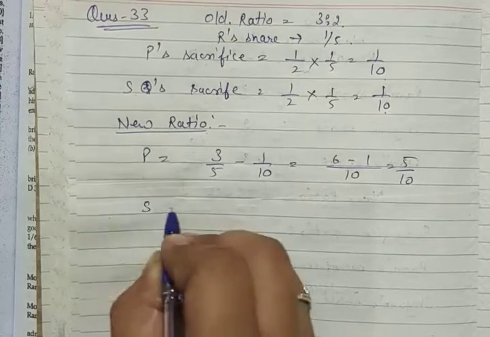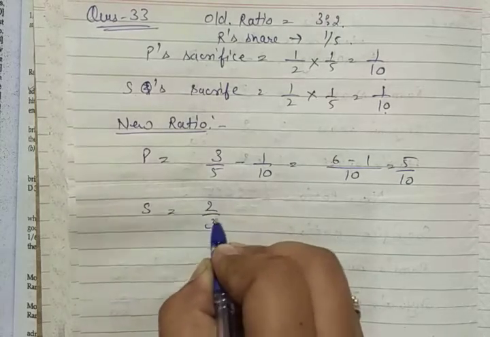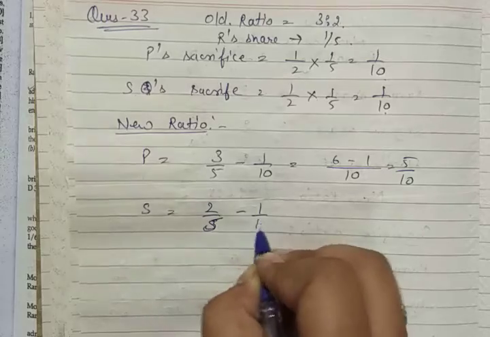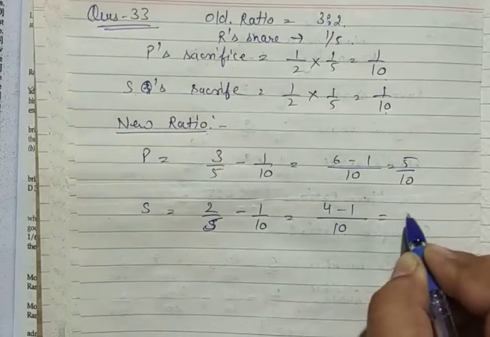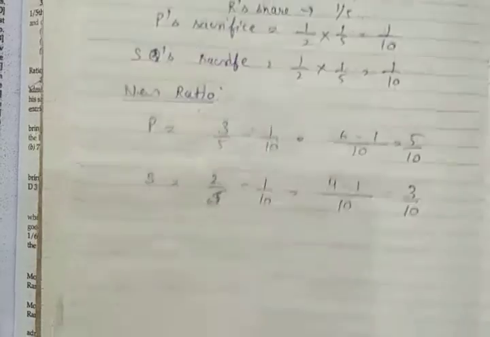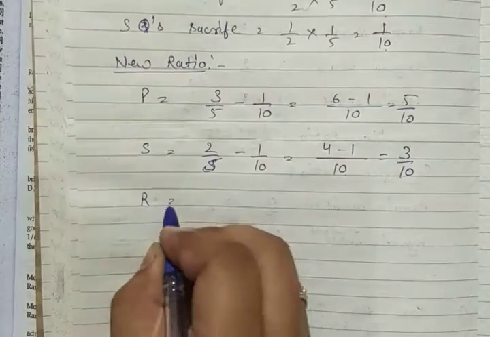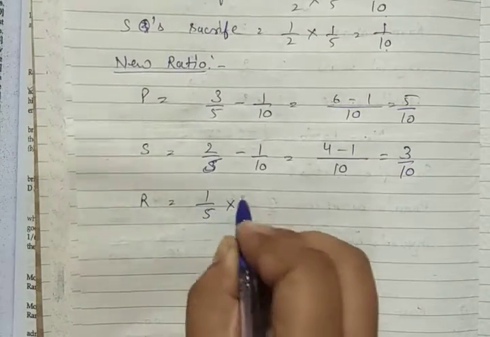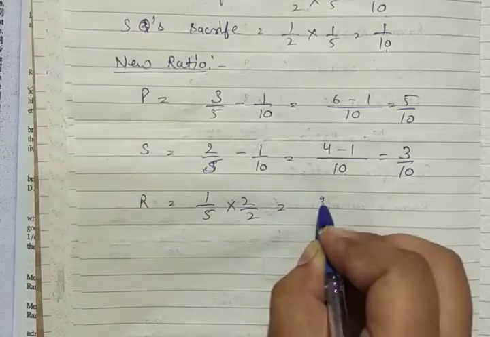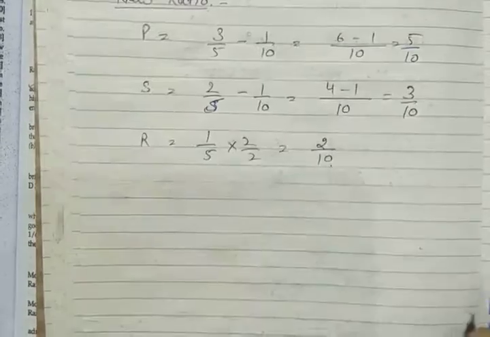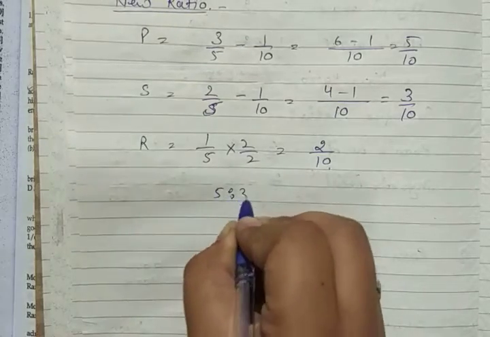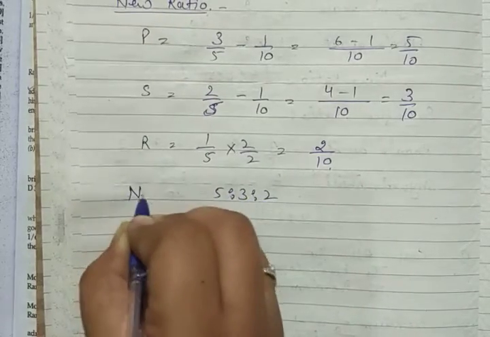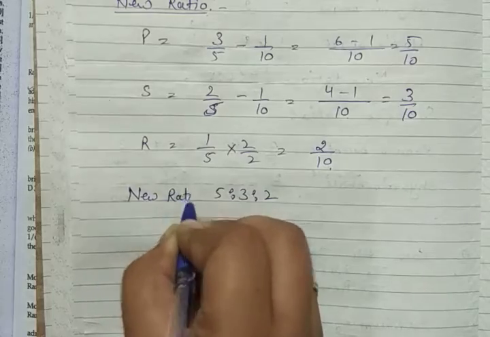For S, it will be 2 by 5 minus 1 by 10, that is the sacrifice. And this will become 4 minus 1, that is 3 by 10. And we will equate it with R's share, that is 1 by 5. And we will multiply it by 2 by 2. It will become 2 by 10. And the new ratio will be 5:3:2. This is our new ratio.